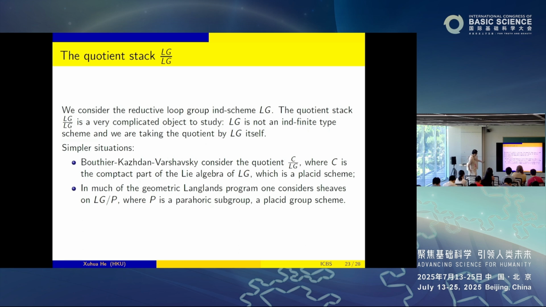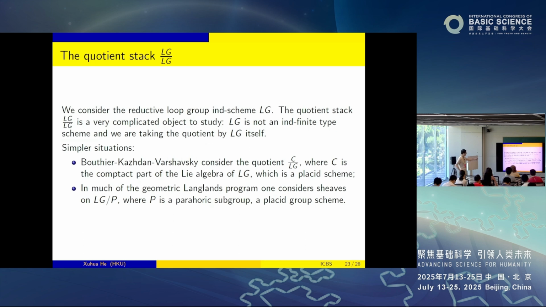And also, we're going to take this as a really large quotient. Some related situations have been studied previously. For example, in the geometric Langlands, people consider this LG quotient by P, where P is a parahoric. So this is the affine flag variety, but this parahoric is a so-called placid group scheme.